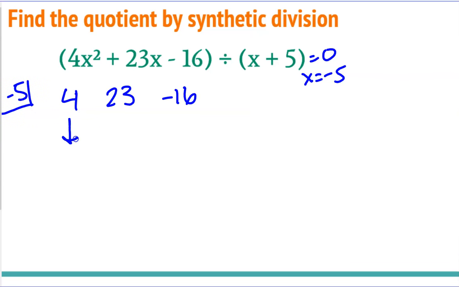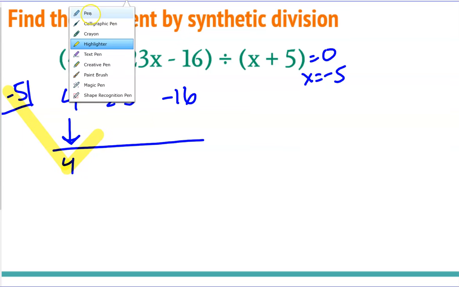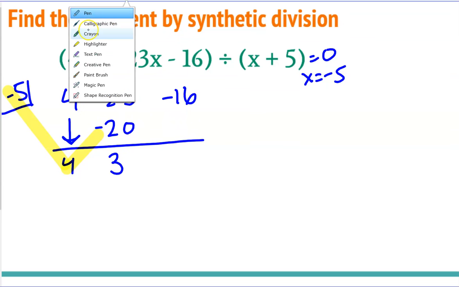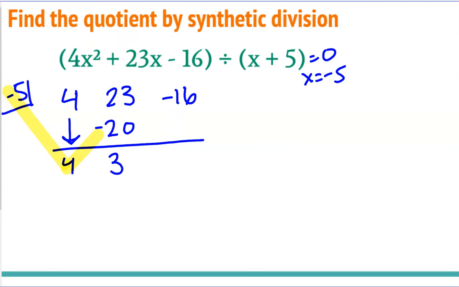Drop down our first number, which is a 4. And we start to multiply. So negative 5 times 4 is going to give us negative 20. 23 minus 20 is a positive 3. Multiply again to bring it back up. We have negative 5 times 3 is going to give us negative 15.